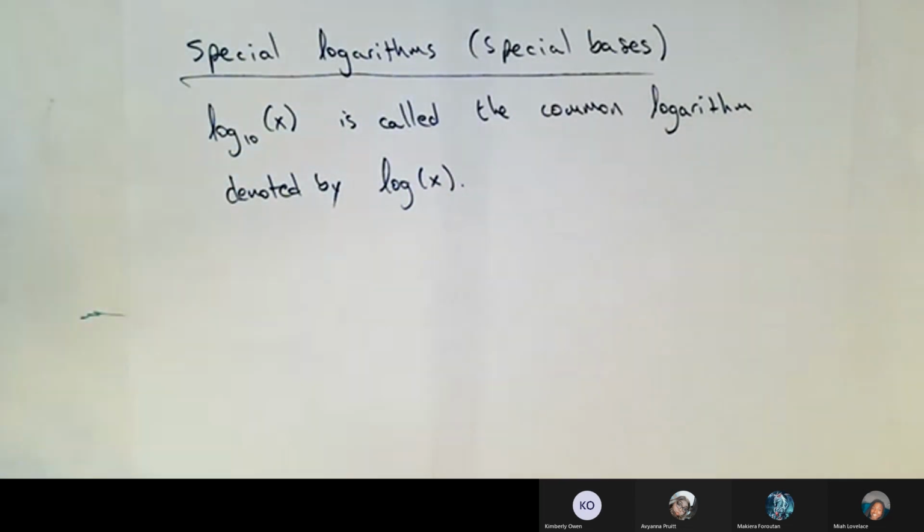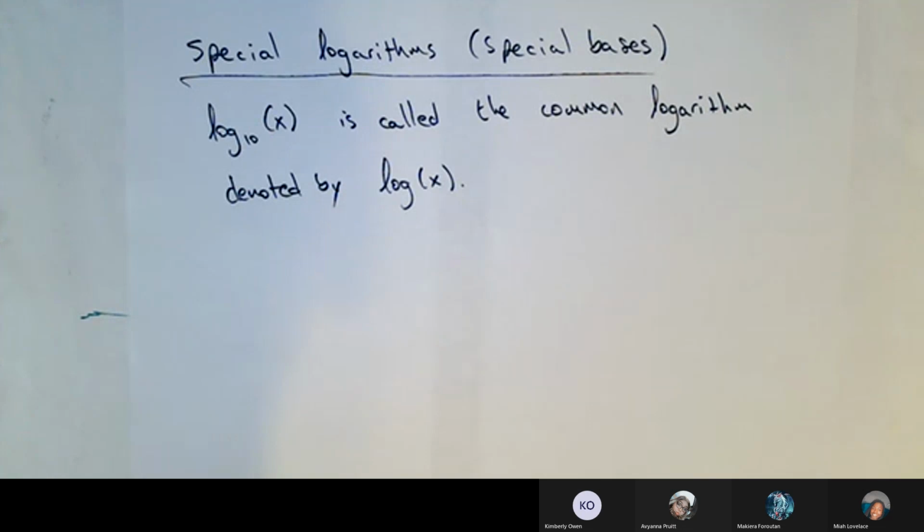This is called the common logarithm. It gets its own name and notation because common logs used to be used, like hundreds of years ago, to do big calculations, like giant products of numbers. There were ways to use logs to quickly do big products of big numbers.